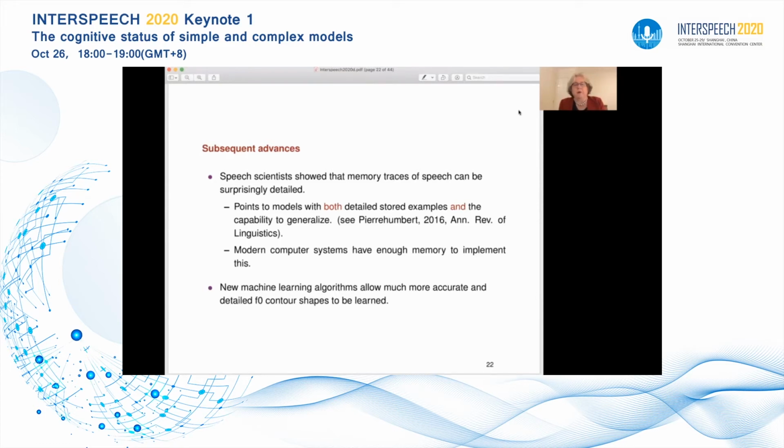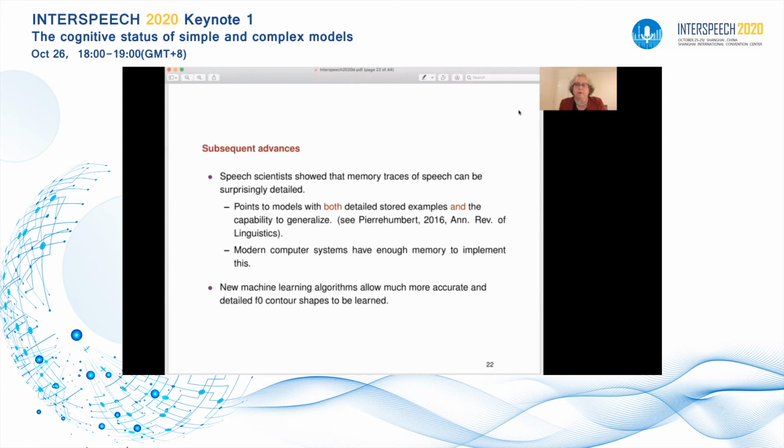So this points to models that have both detailed stored examples and the capability to generalize. And I'm mentioning there a review article in the Annual Review of Linguistics that I did on this topic. And modern computer systems have enough memory to implement this.